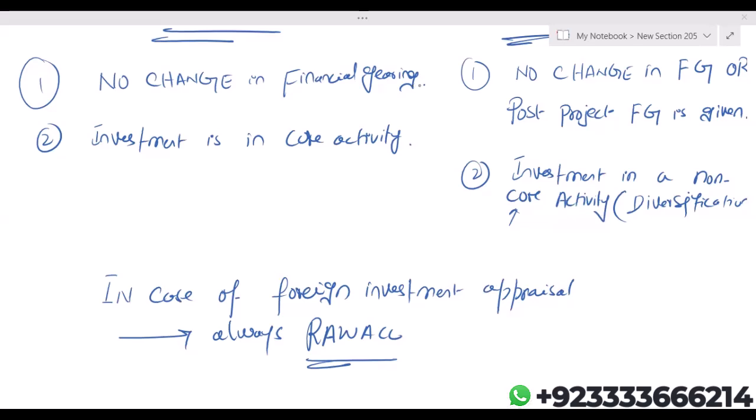Plus, what is the approach of calculating the WACC of a company which is already diversified? And after discussing all these approaches, we will also discuss the past paper. Which question we'll be discussing, I will share at least 3 days before the class.